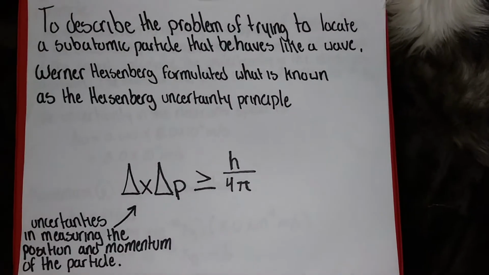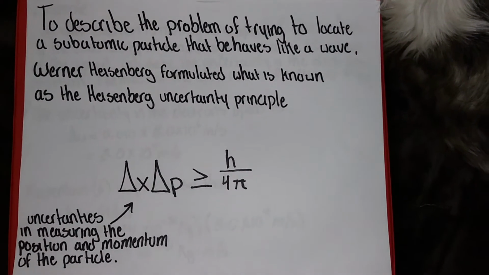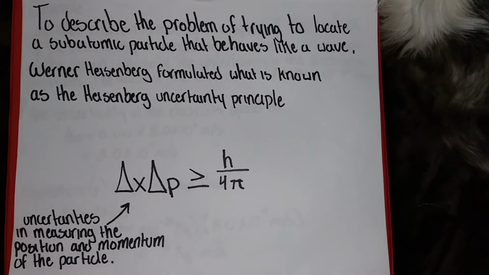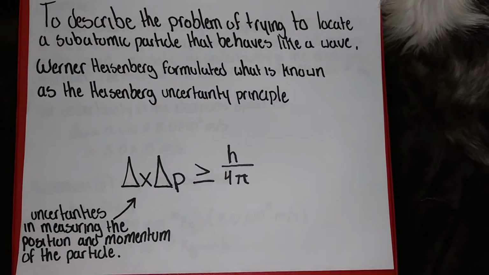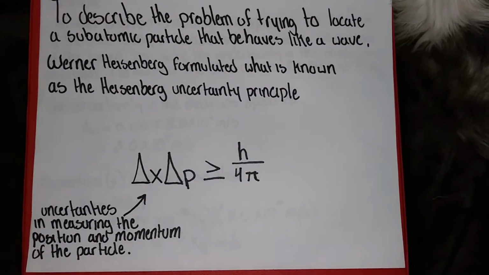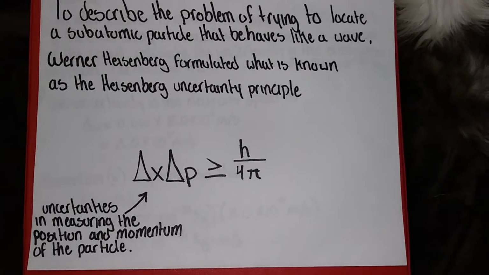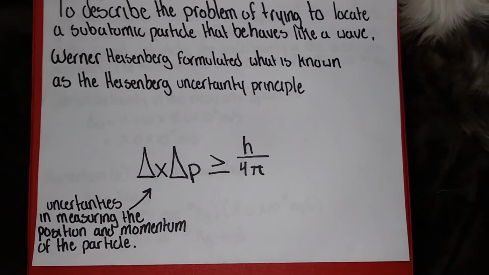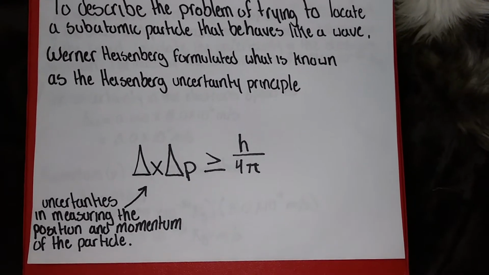To describe the problem of trying to locate a subatomic particle that behaves like a wave, Werner Heisenberg formulated what is known as the Heisenberg uncertainty principle. The equation is delta x times delta p is greater than or equal to h divided by 4 pi.